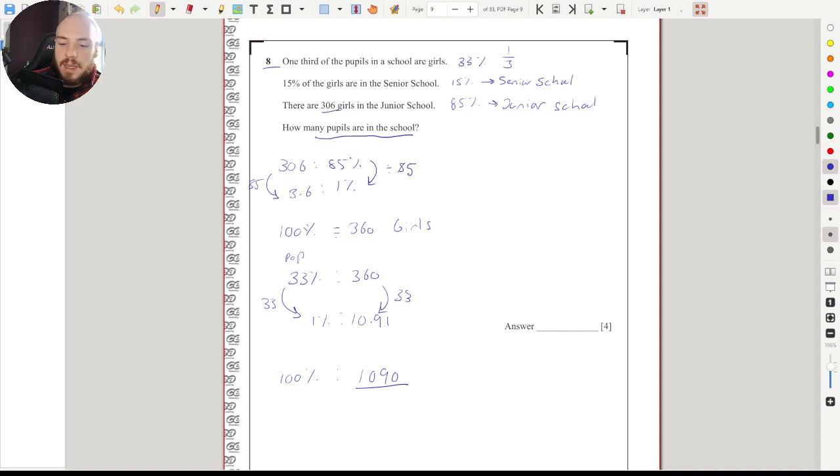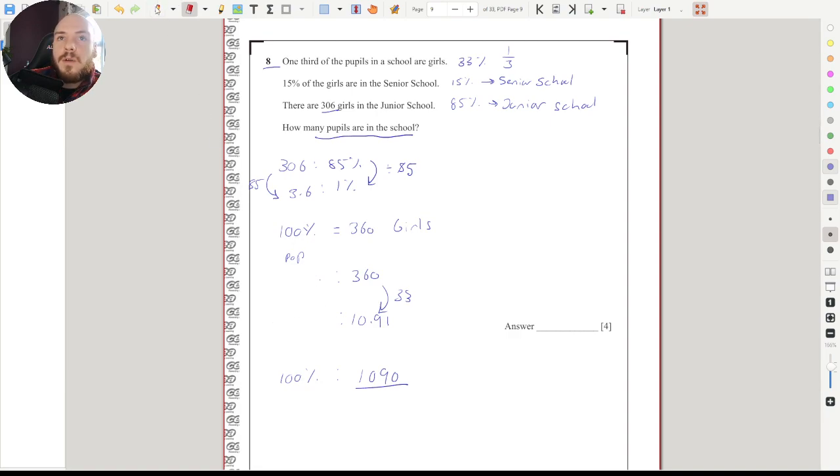If I divide 360 by 33.33, I'm probably going to get around the same answer. So slightly smaller, multiply by 100. Okay, so I'm going to correct myself.